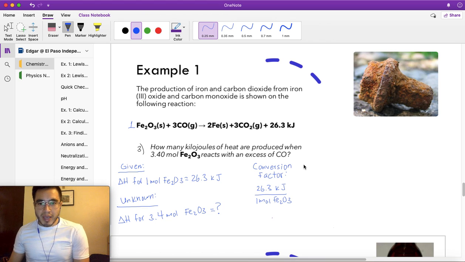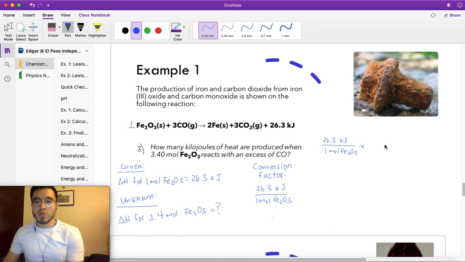Now we do the cross multiplication. I'm going to use this space over here. We rewrite the conversion factor. So that would be 26.3 kilojoules are produced per 1 mole of rust. And then cross multiplication with, now we use the information from the unknown.